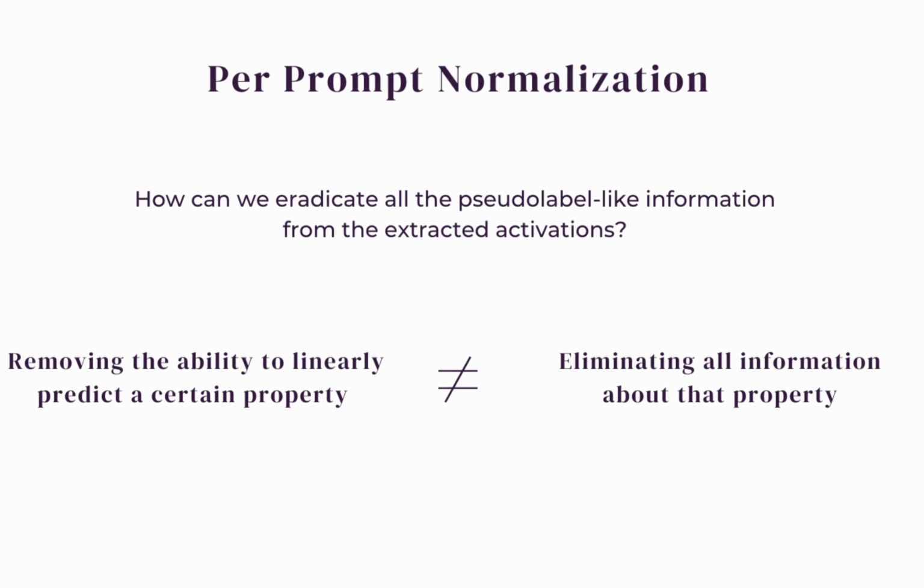An important detail which has a large effect on how CCS performs, especially on autoregressive GPT-style models, is a particular way of normalizing the model activations before learning a linear probe to identify the truth direction. It would be easy for a linear probe to pick up on the cues provided by the pseudo-labels in the contrast pair. To avoid the linear probe from doing so, we normalize the activations of the contrast pairs.